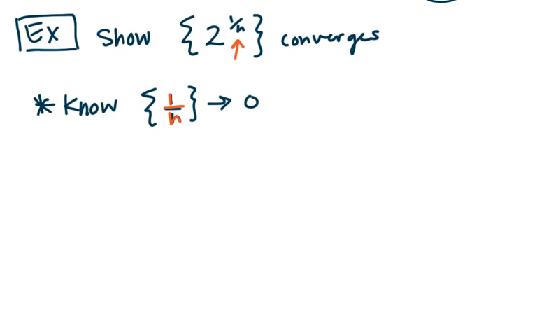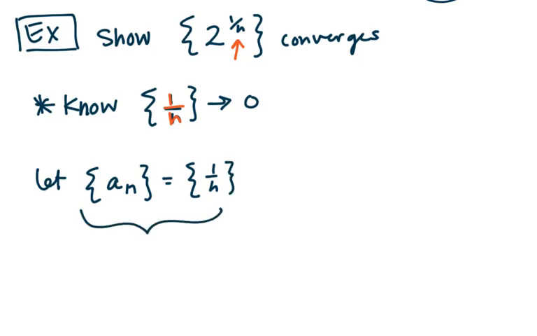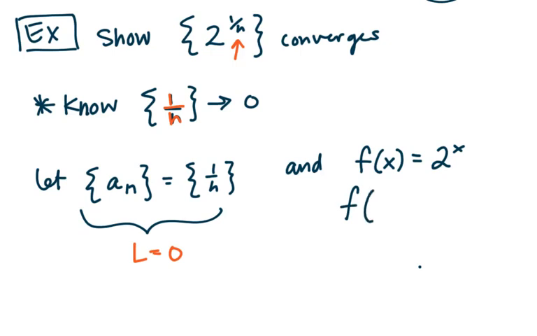So the way we can think about this is I'll say, well, let a sub n equal 1 over n. And we know for that this limit is 0. So if we let f of x be 2 to the x, then f of 1 over n is 2 to the 1 over n.